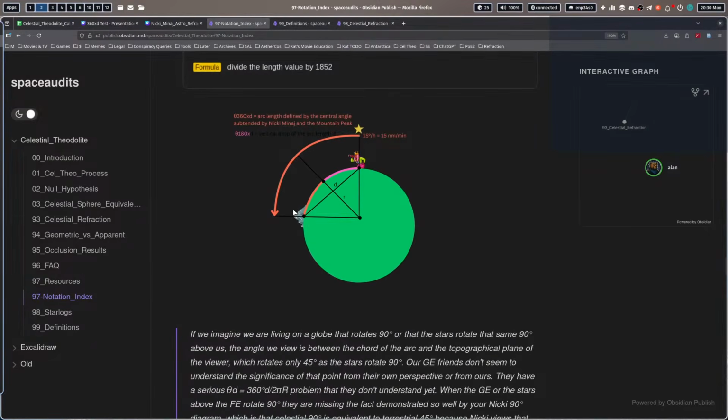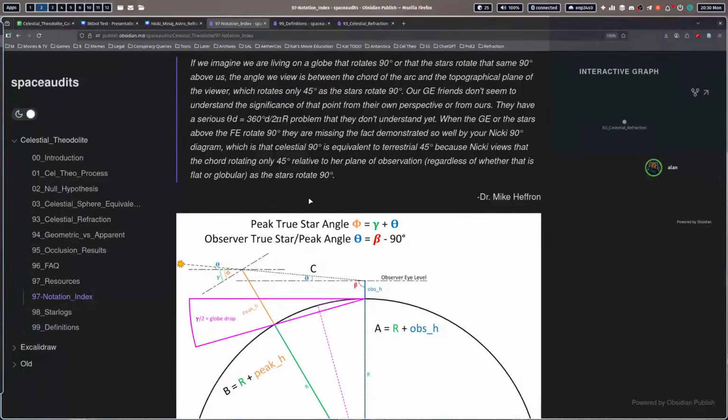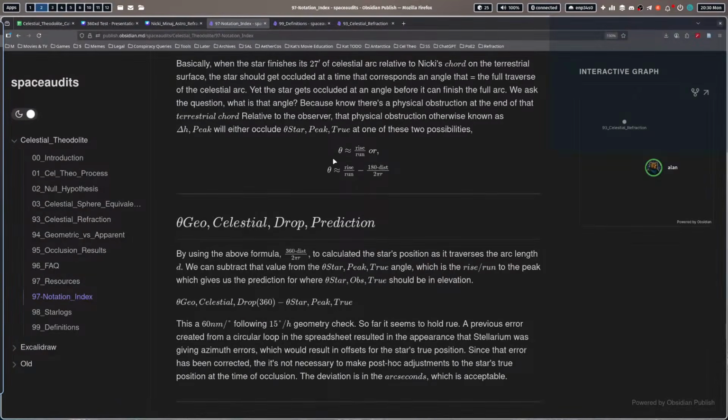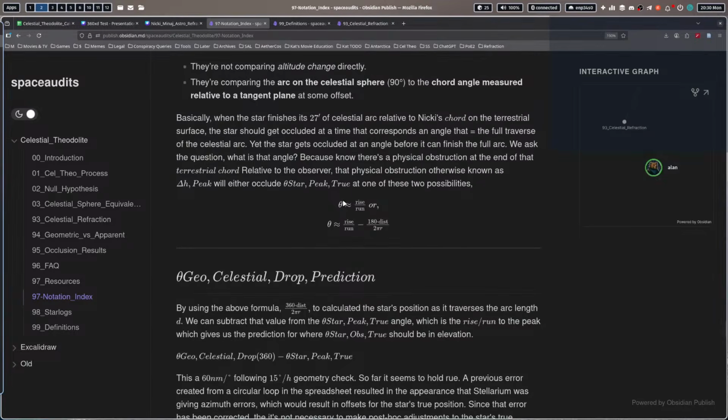This is the movement of the star in the sky to produce what you would see when you look 45 degrees of that angle terrestrially, as it traversed the distance on the ground. That's a huge concept to understand, because whether the Earth's flat or a globe, that's true, and that's an important concept to understand. Okay.